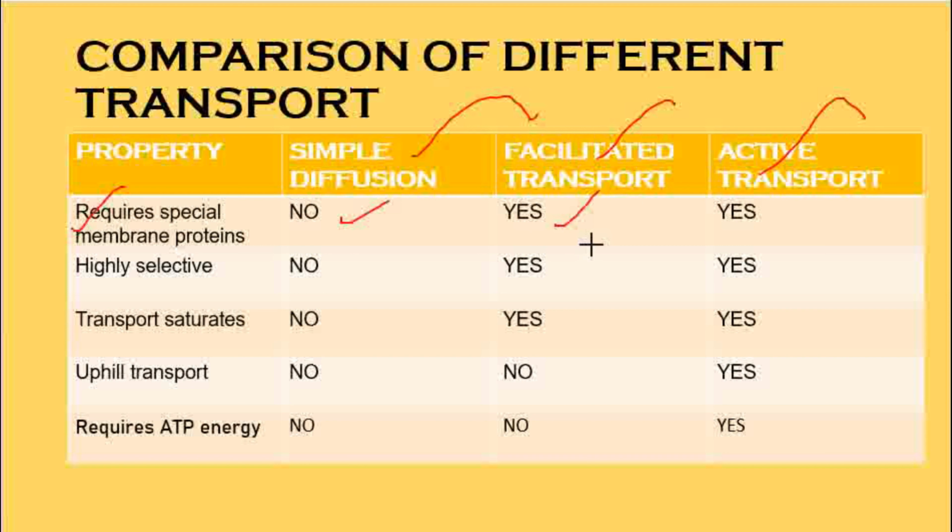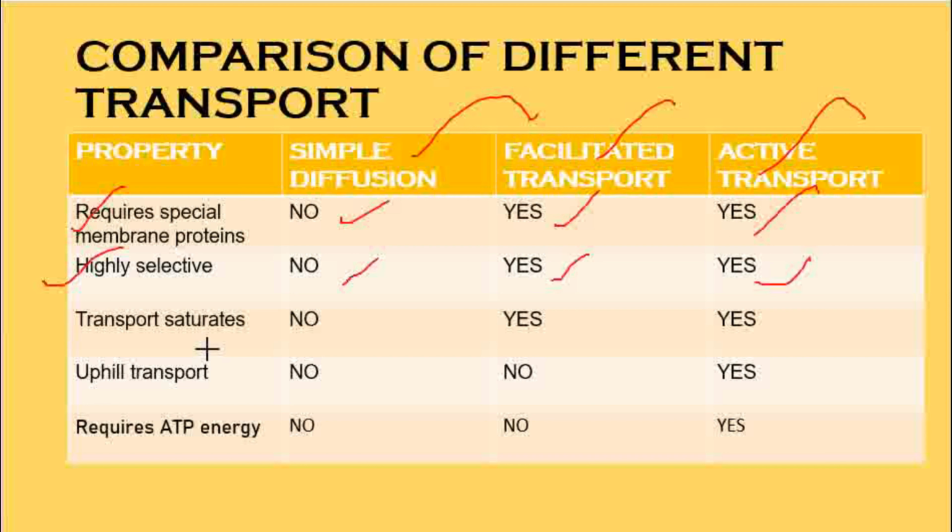In active transport also we need membrane proteins, and they are highly selective. In simple diffusion it's not highly selective, it allows all the molecules to pass through, but in facilitated and active transport they are very specific.